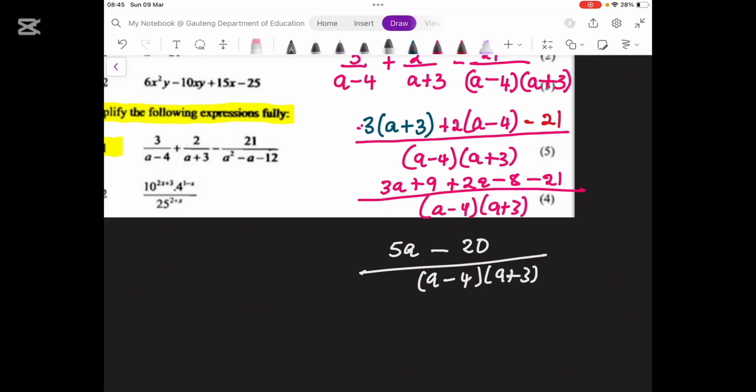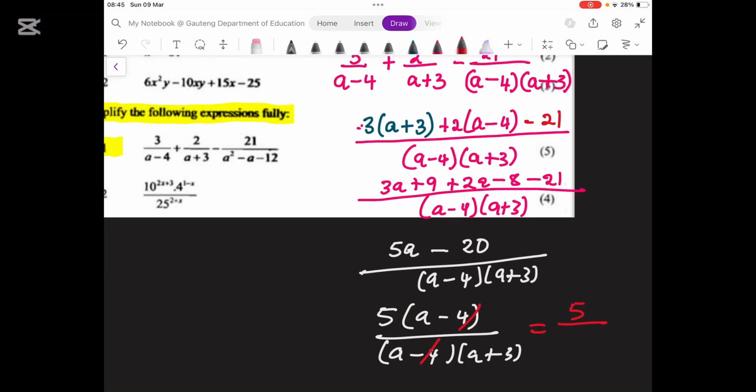So 5 is a common factor. We have 5 as a common factor, and then we are going to have a minus 4 divided by a minus 4 into a plus 3. Now, this and that cancel, so the final answer here is 5 over a plus 3. So that is your final answer.